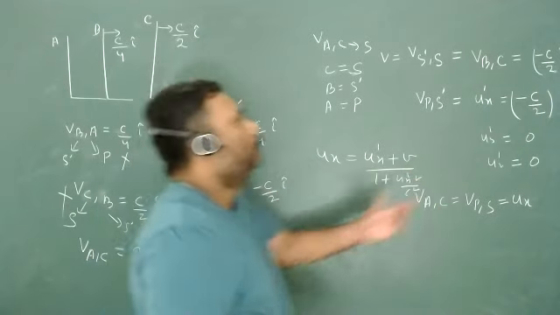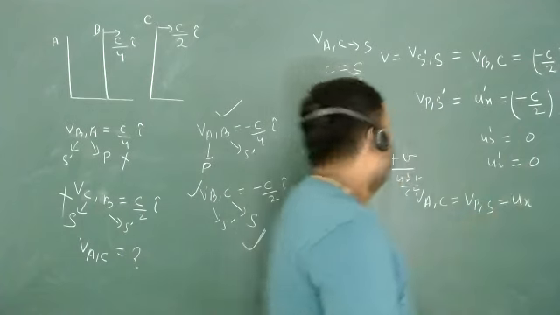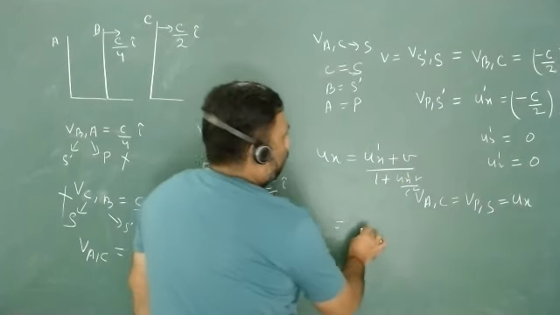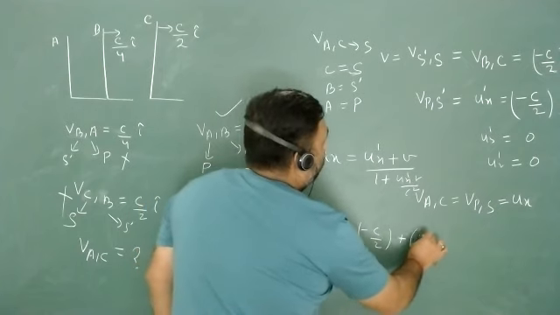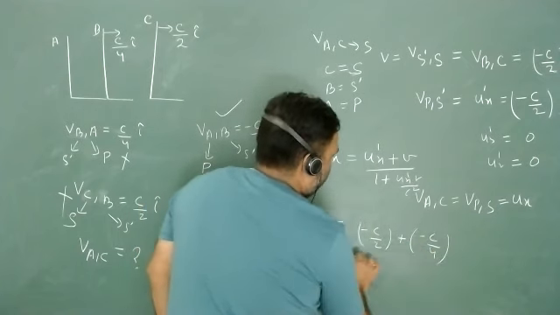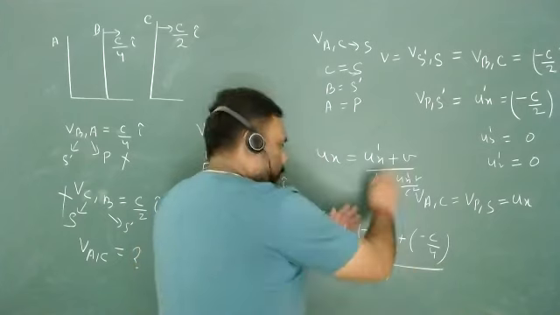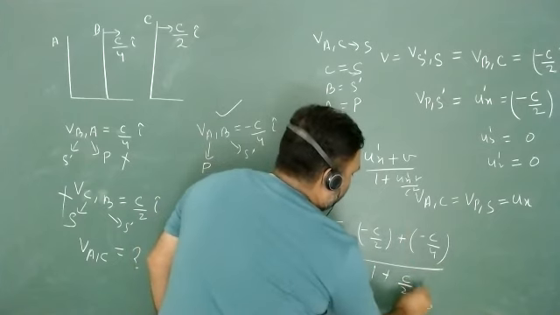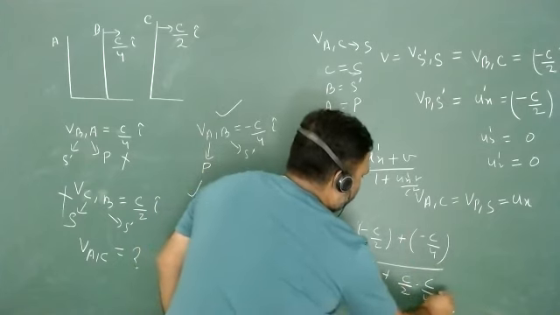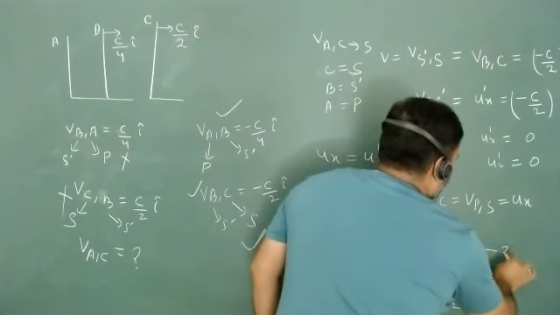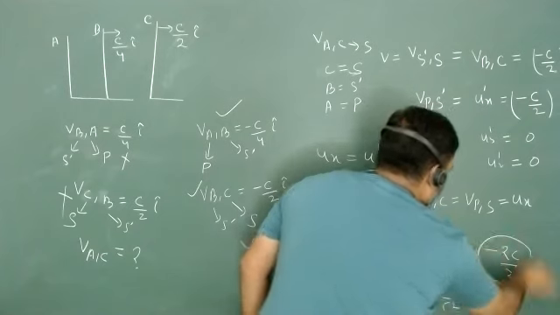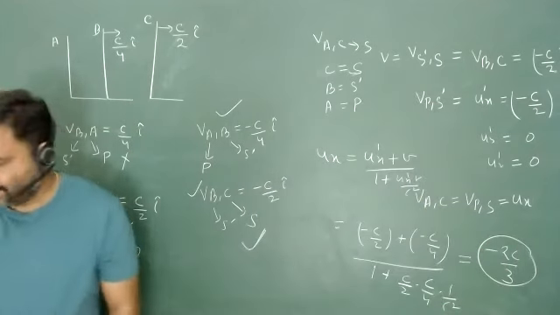But this time you will keep the minus sign together, and then I can write this is minus C by 2 plus minus C by 4, upon 1 plus minus minus, again this is plus, C by 2, C by 4, and 1 upon C square, and this value is nothing but minus 2C by 3. Yes, isn't it?